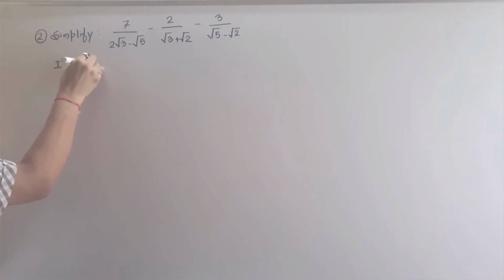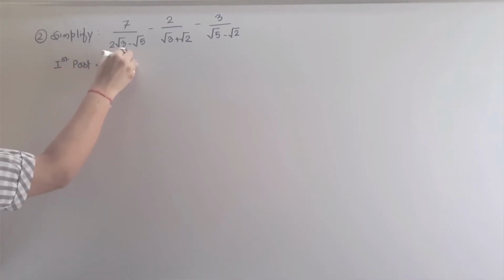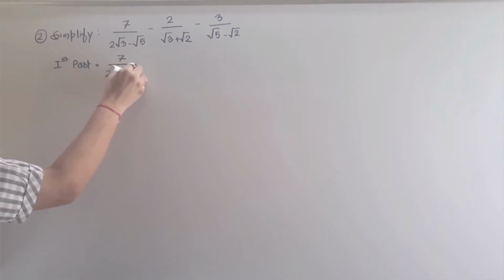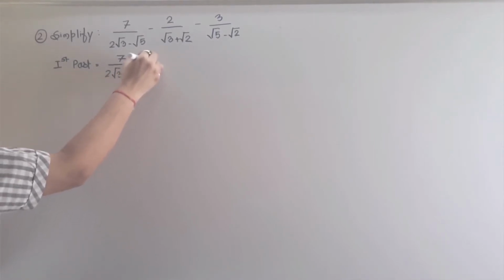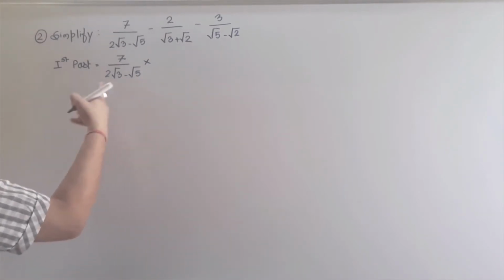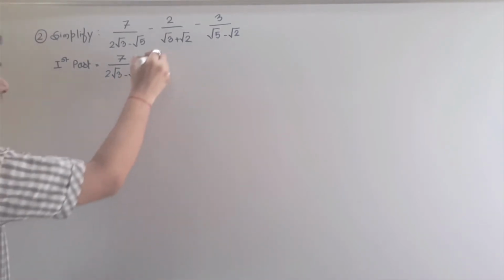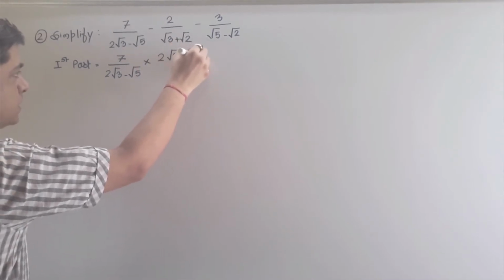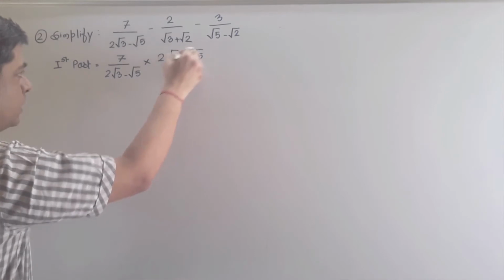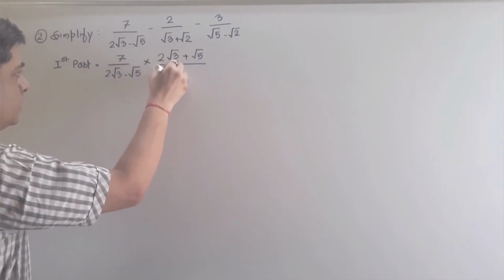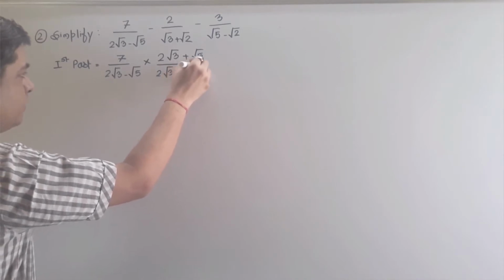First part is given as 7 upon 2 under root of 3 minus under root of 5. For that I will multiply and divide by the same denominator, only the sign I will change. So that will be 2 under root of 3 plus under root of 5, whole divided by again the same term 2 under root of 3 plus under root of 5.